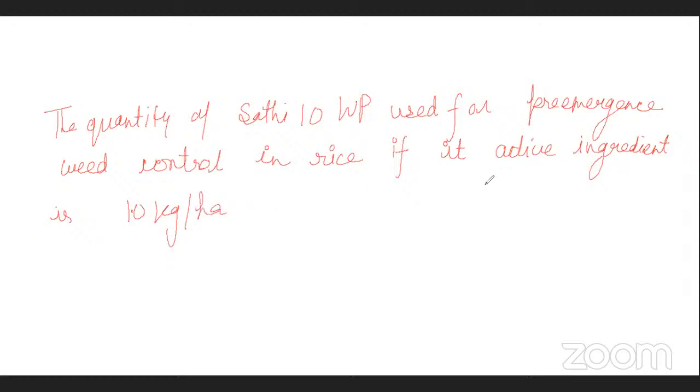Means we have to apply active ingredient of Sati 10 WP as 1 kg AI per hectare. Tell me the quantity of Sati used to control weeds in rice.